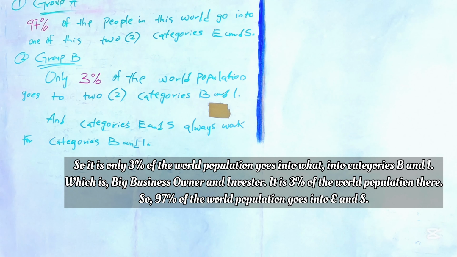So only 3% of the world population goes into categories B and I, which is big business owner and investor. And 97% of the world population goes into the other two.